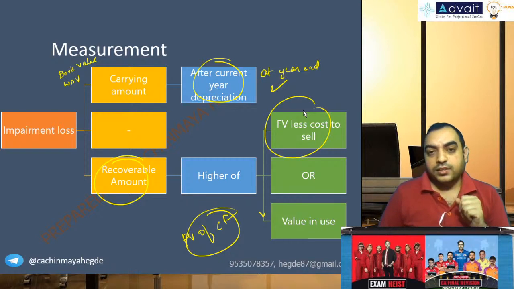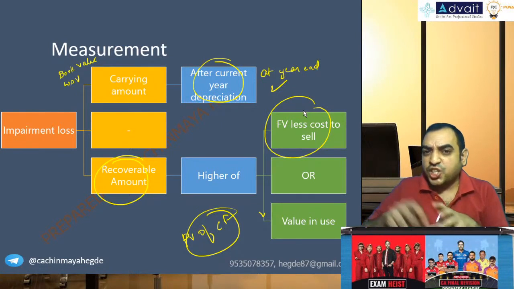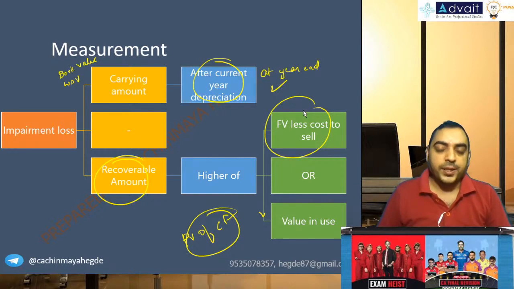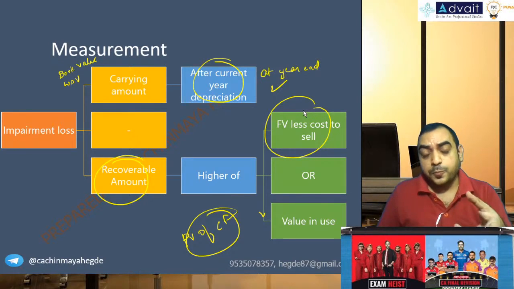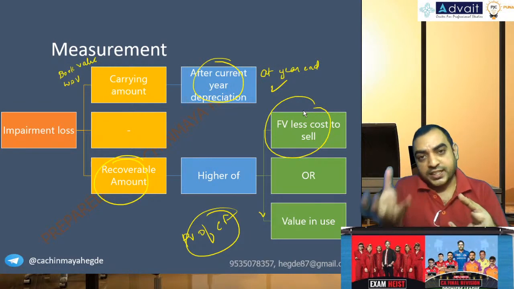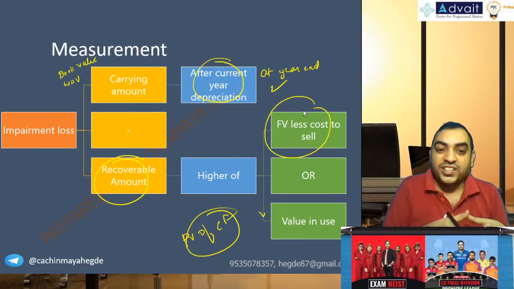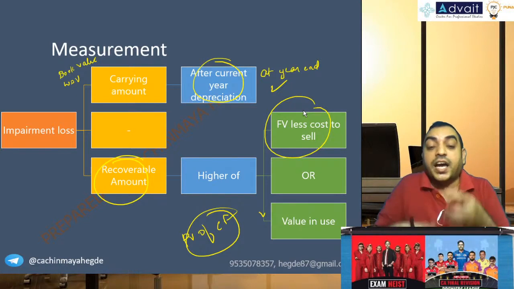AS uses the words net selling price. Ind AS uses the words fair value less cost to sell. There is a practical implication to these differing terms, but for exam purposes you don't have to worry. Take whichever is higher.